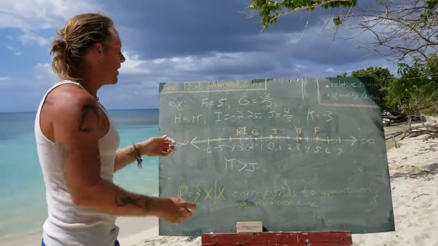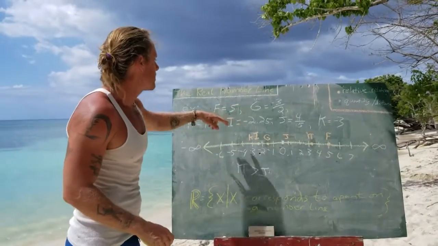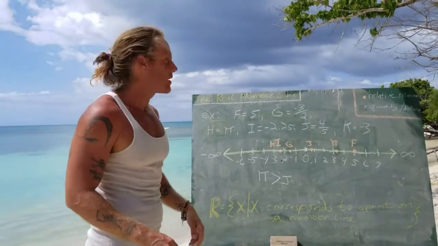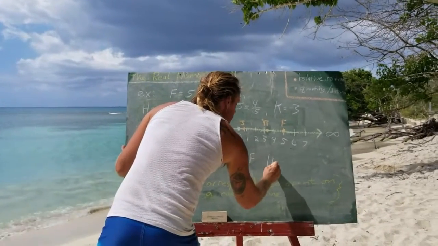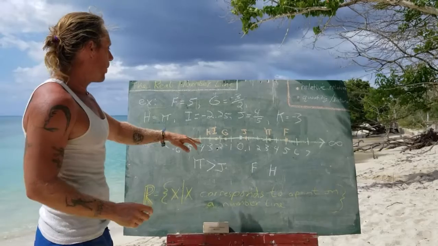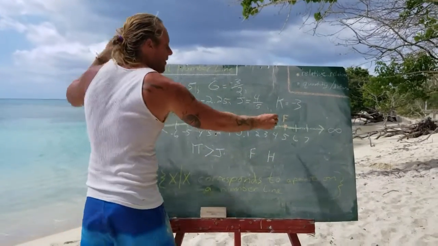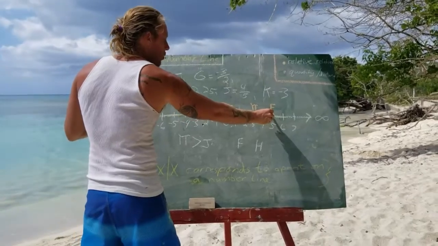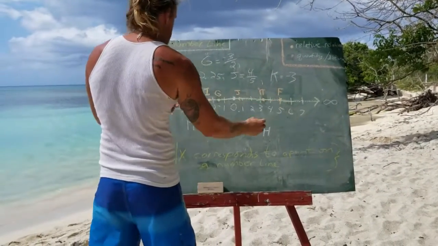Well, pick another one. Pick two letters of these points up here: F and H. Let's see what F's relation to H is. Where is F? Here's point F. Is F greater than or less than H? Well, here is... Did we miss H?